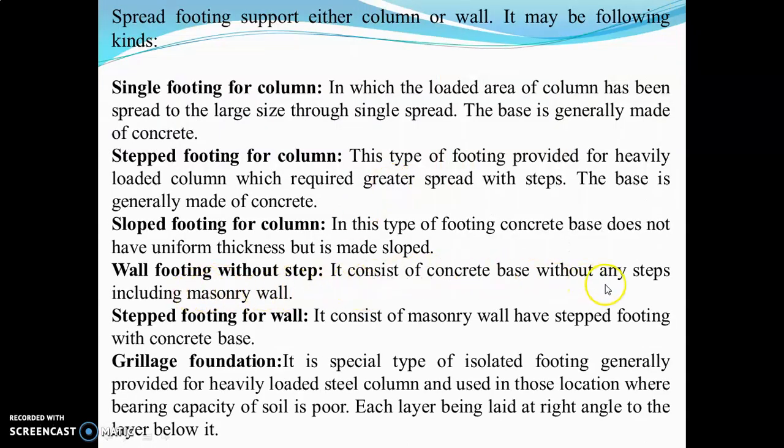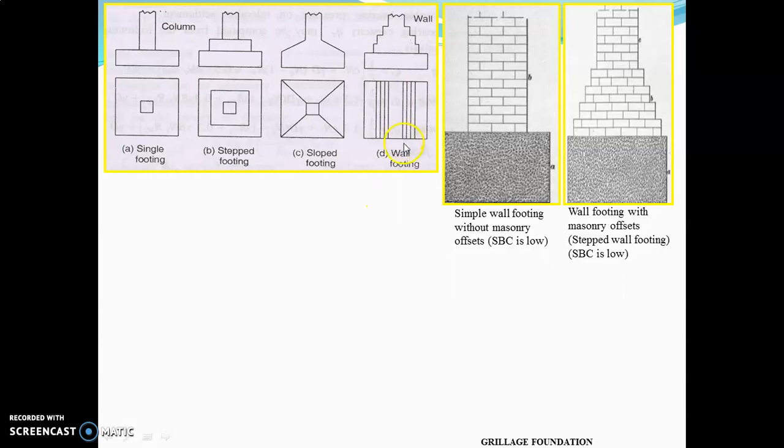It consists of a concrete base without any steps, and a masonry wall with stepped footing with concrete base. For wall, this is stepped footing, this is wall footing without step, this is wall footing with the steps here. You can see here also simple wall footing without masonry here.